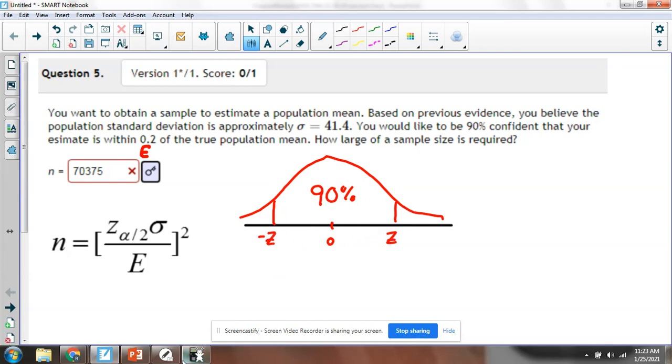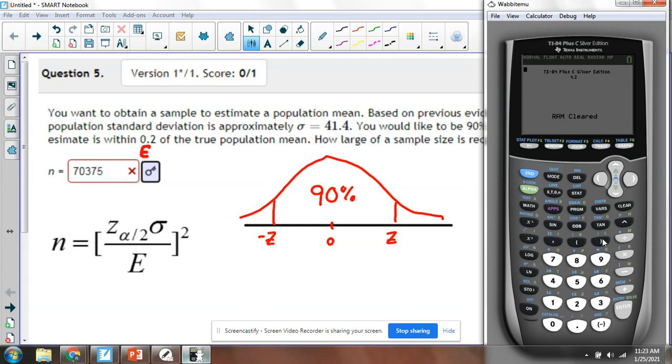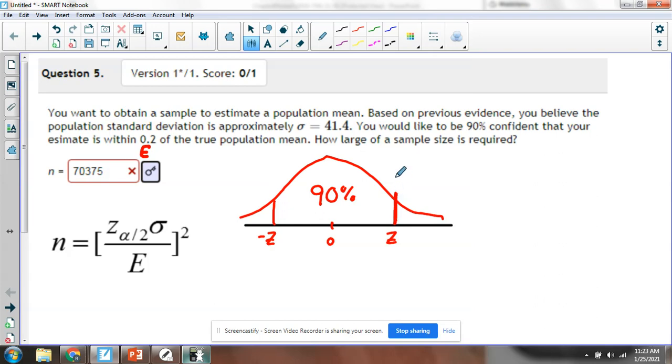Okay. So in my calculator, I'm gonna find that first. I'm gonna go to distributions, inverse normal because I have the percentage. So what area is to the left of this Z value? That's all this stuff. So that's not just going to be 90 because there's 5% here and 5% here, making up the total 100%.